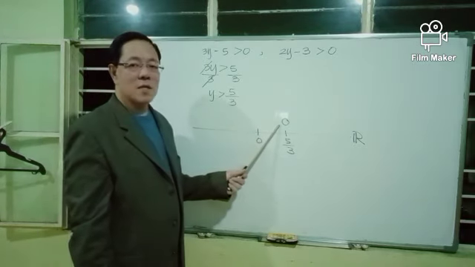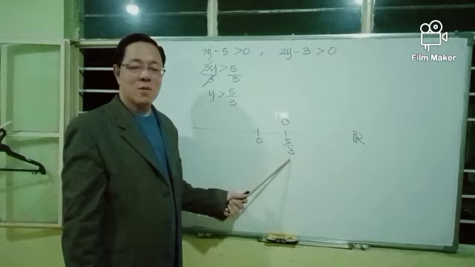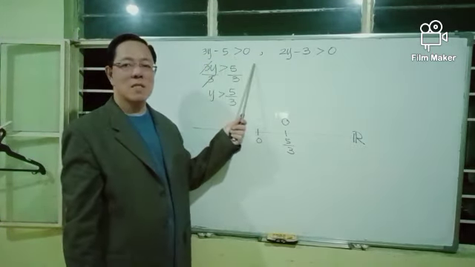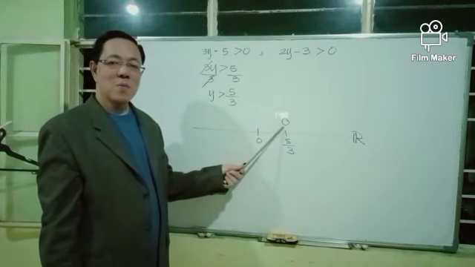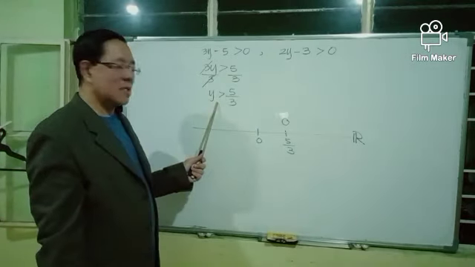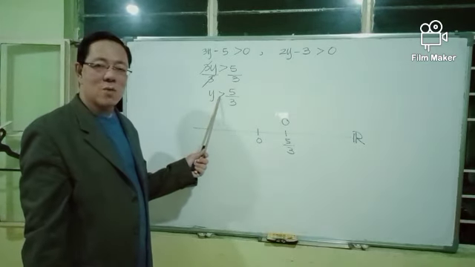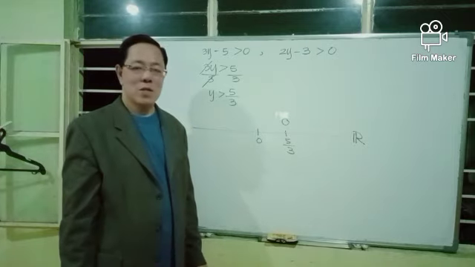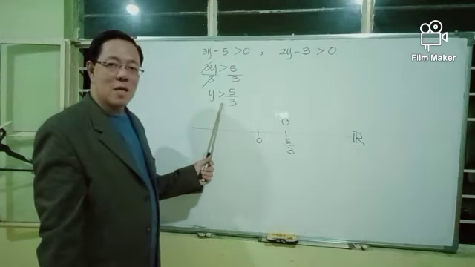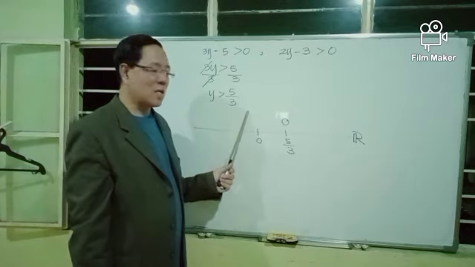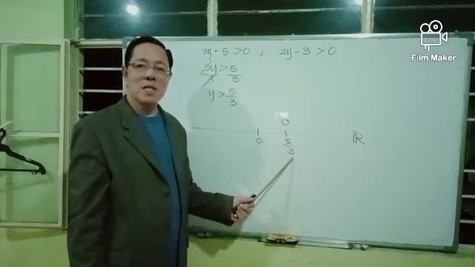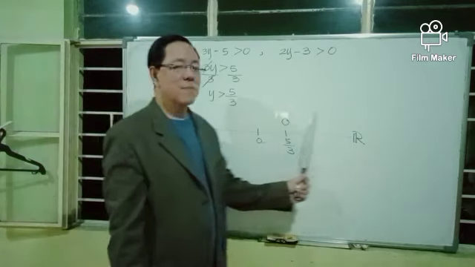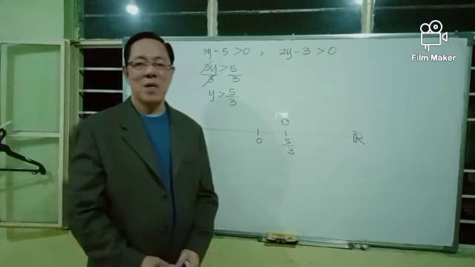The small circle indicates that 5 over 3 is not one of the solutions of this linear inequality 3y minus 5 greater than 0. And we get that from this inequality because there is no equal sign, which means that y equals 5 over 3 is not a solution. The solutions are those real numbers that are greater than 5 over 3. If this is 5 over 3, the real numbers that are greater than 5 over 3 are the real numbers to the right of 5 over 3.